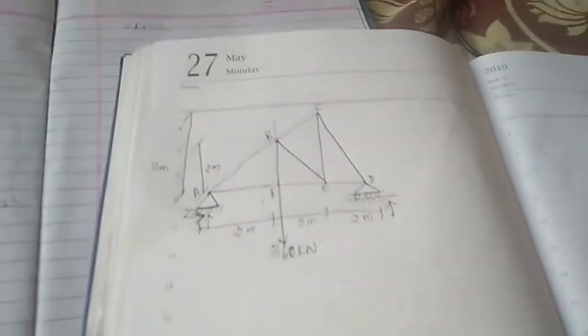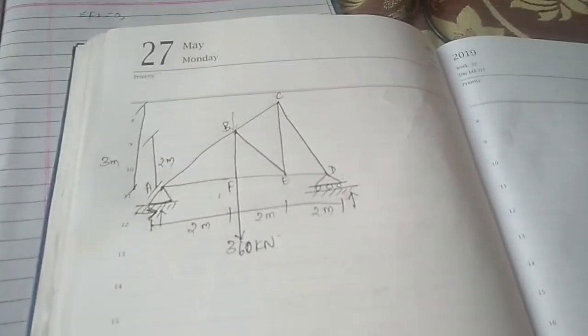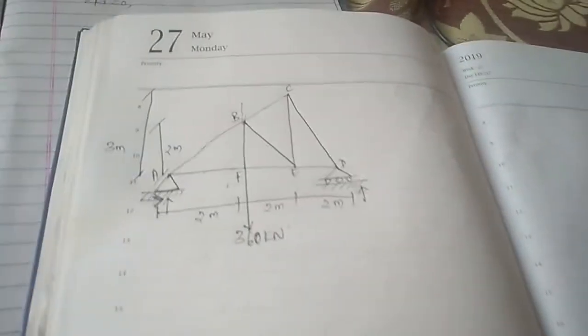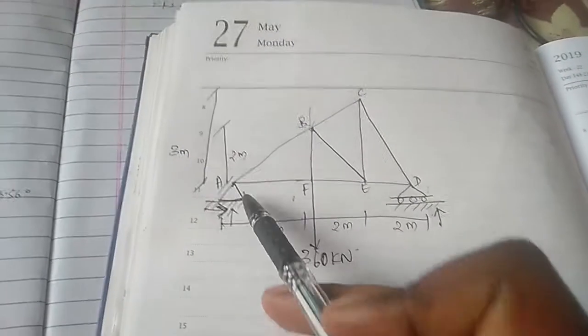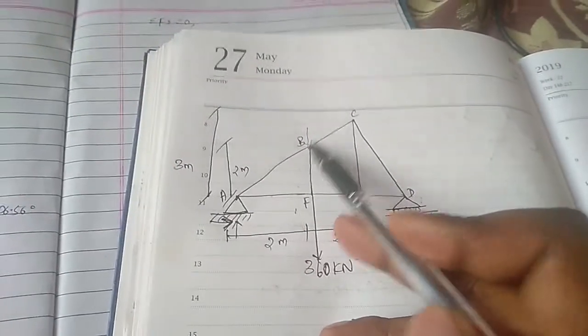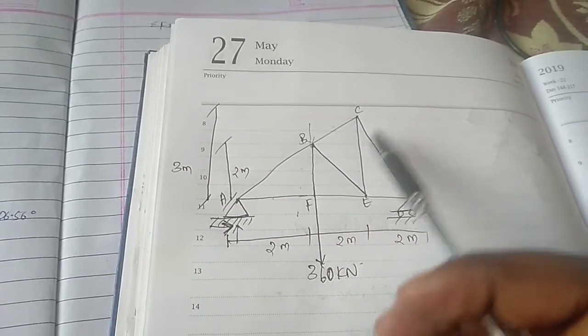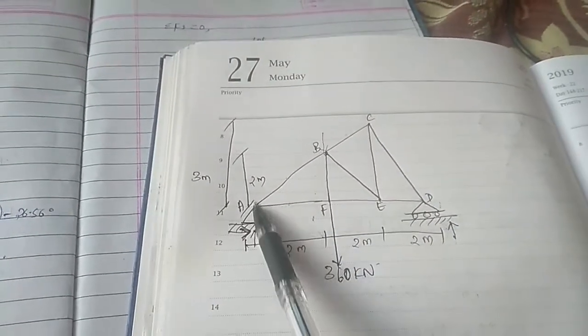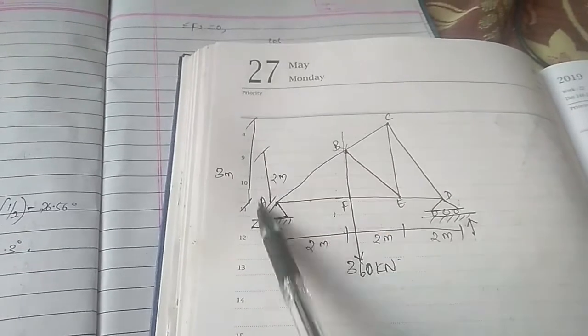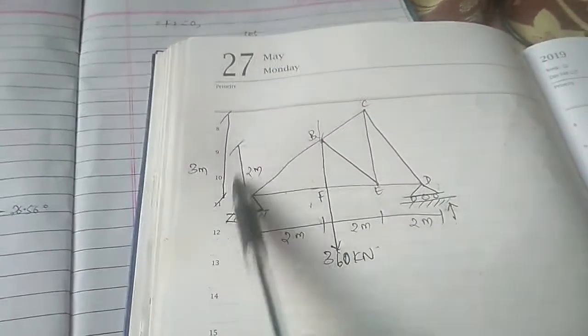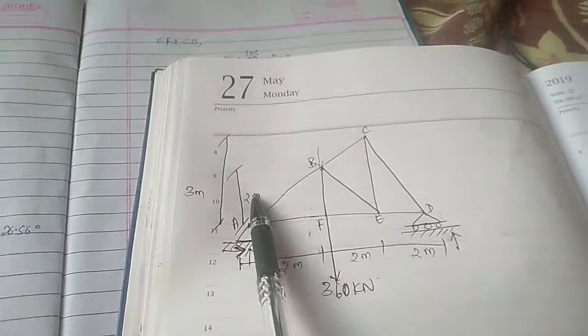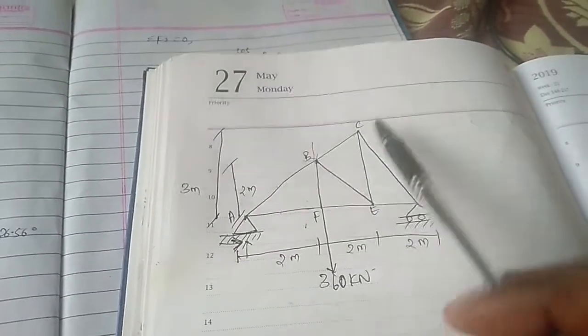So your first step is you have to calculate the angles acting at point A, point B and point C, relative to these heights. Regarding these heights, you have to calculate each and every angle.